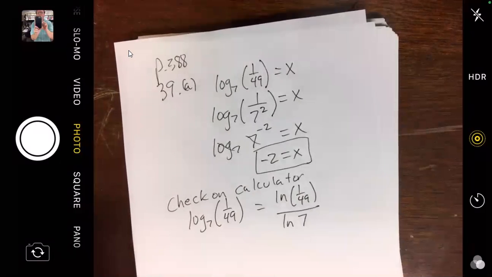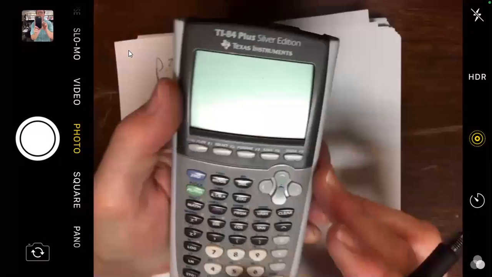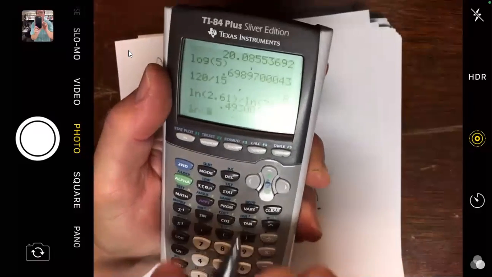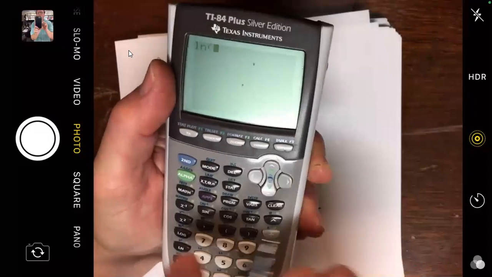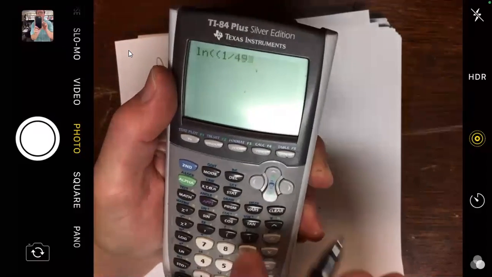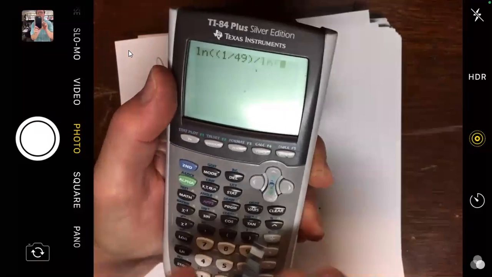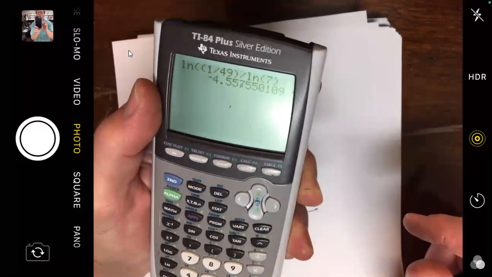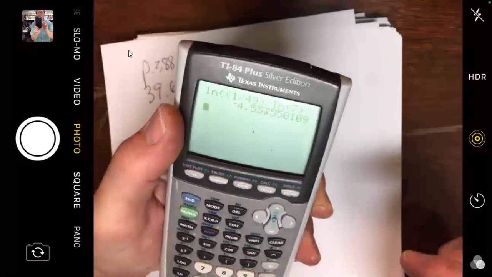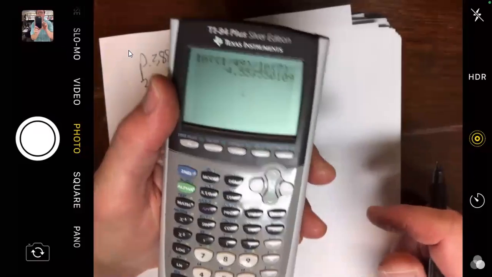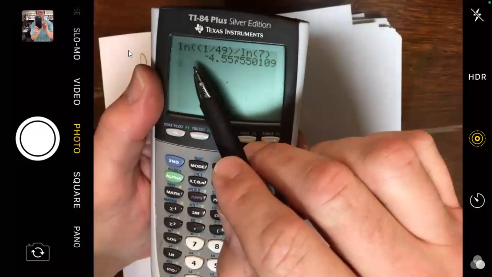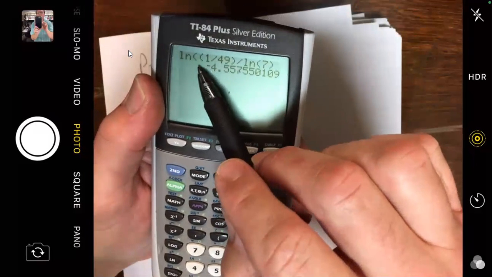If this doesn't come up negative 2, I'll quit on the spot. ln 1 divided by 49 divided by an ln of 7. It didn't come up negative 2. That is because I have mispunched. Oh, God. Look like an idiot in front of everybody. See those double parentheses? I didn't realize I'd had double. I should have double looked it over.